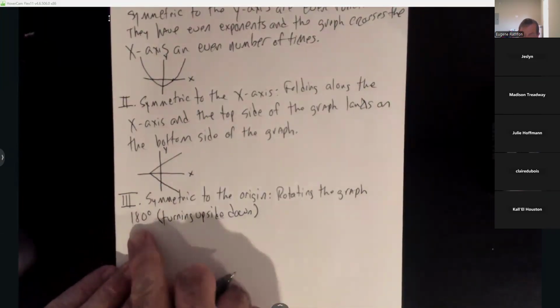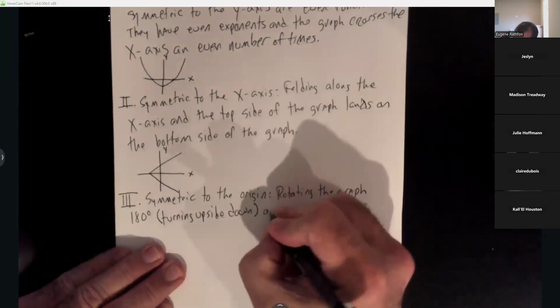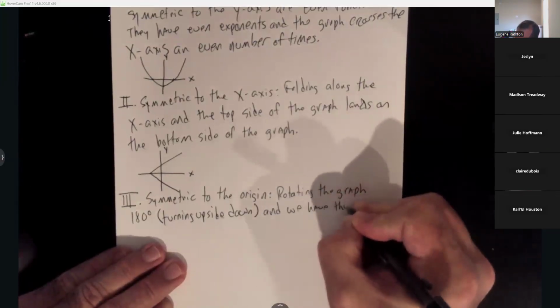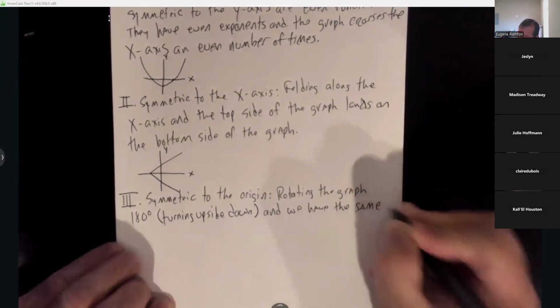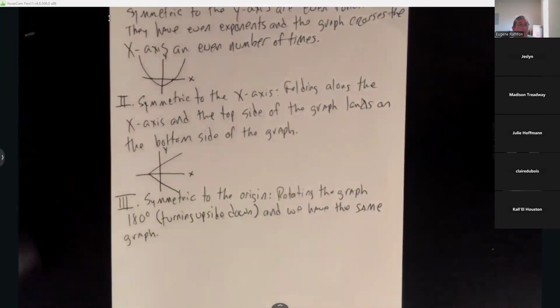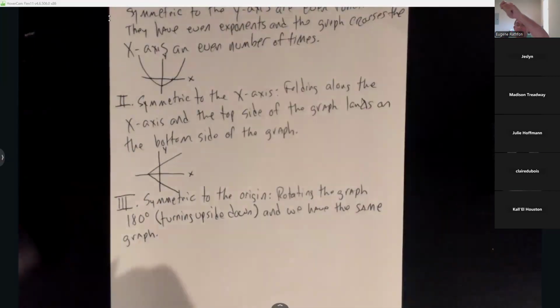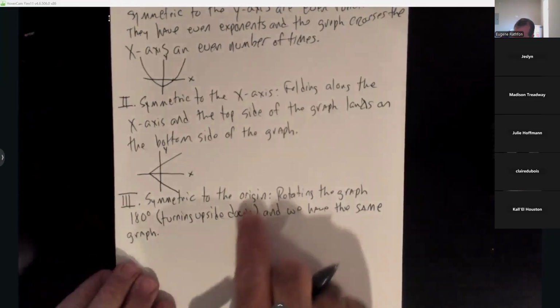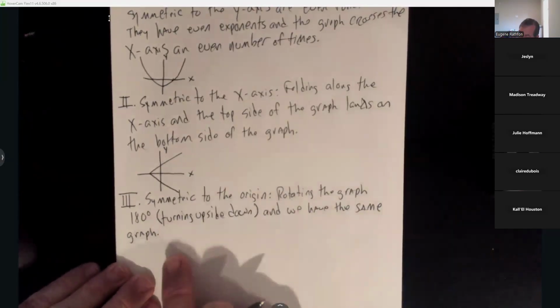But rotating the graph 180 degrees, and we have the same graph. So if I rotate it 180 degrees and my graph looks exactly like it looked when I started, then it's symmetric to the origin.